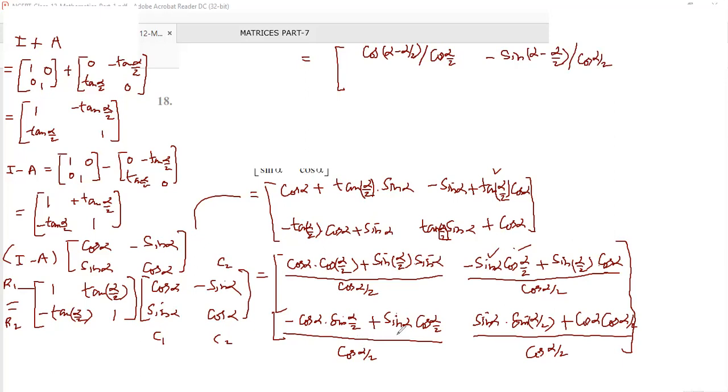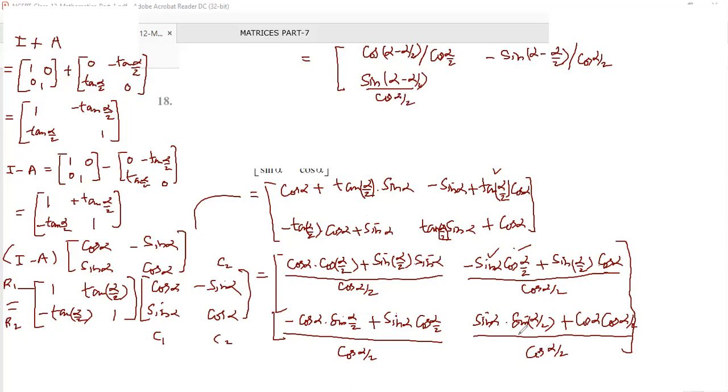Similarly, here sin A cos B minus cos A sin B is sin(A minus B). So we will write first sin alpha cos alpha by 2. So it will become sin(alpha minus alpha by 2) divided by cos alpha by 2.